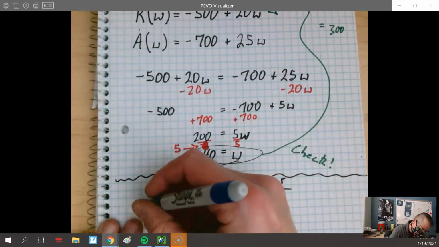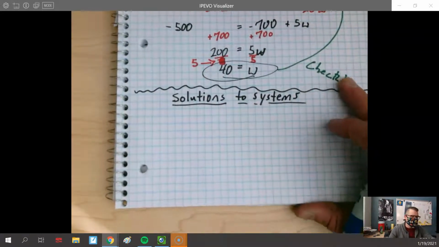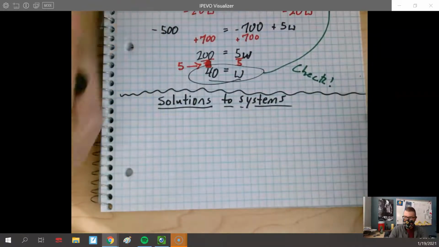Here's the thing. When we look at a system of equations, what's fun is when you have a booming voice, you can just take the conversation back.